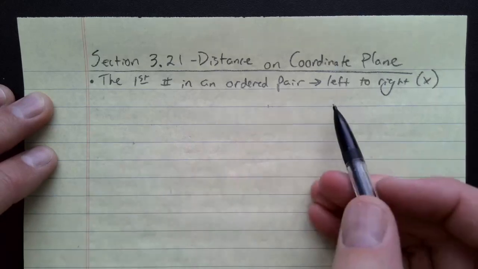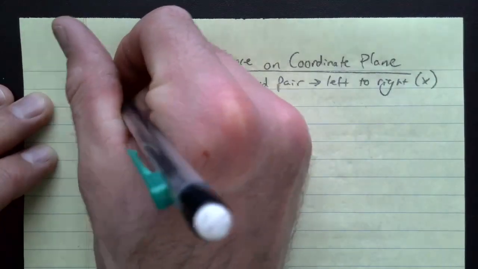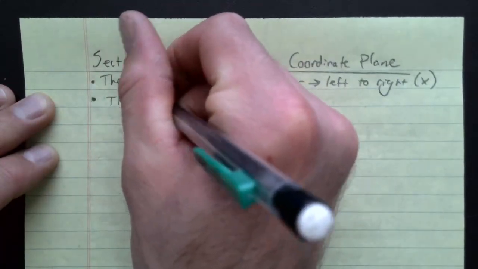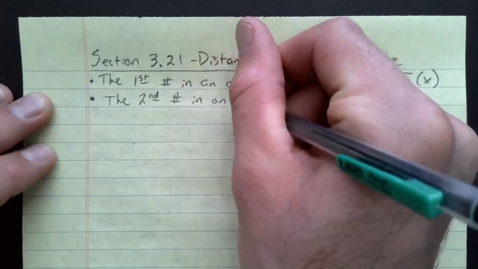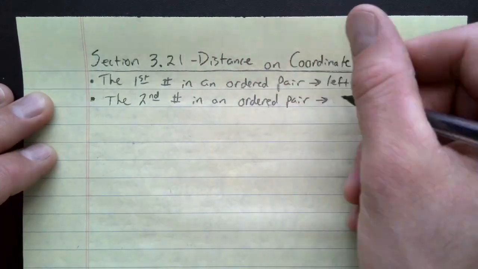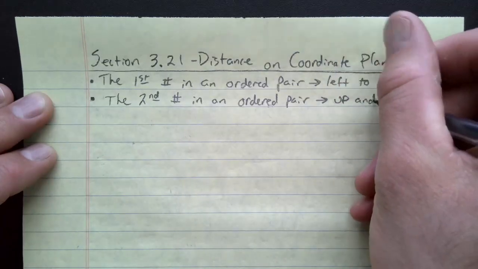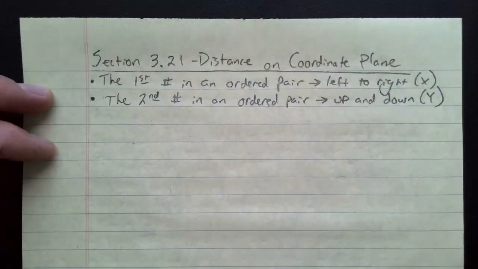And we also know that the second number in an ordered pair always goes up and down, and that's your y-axis. Okay?